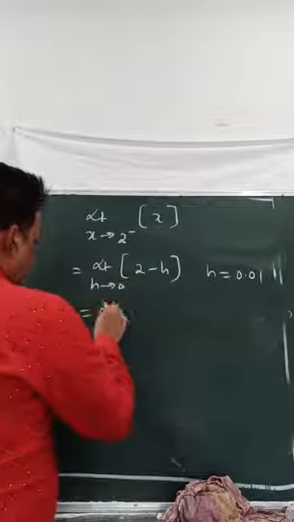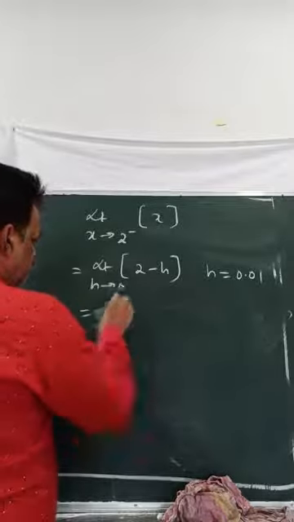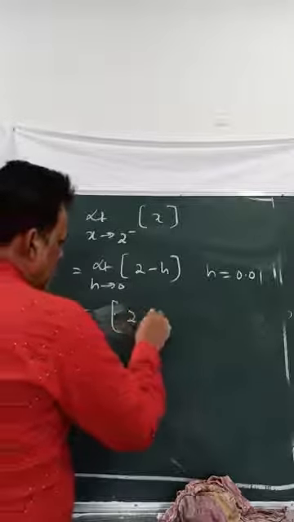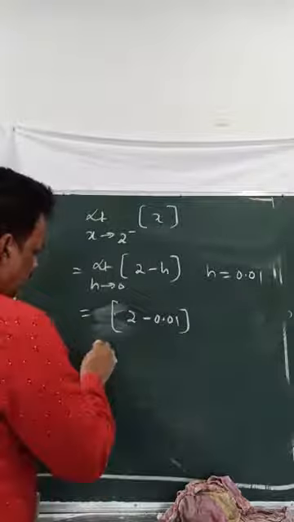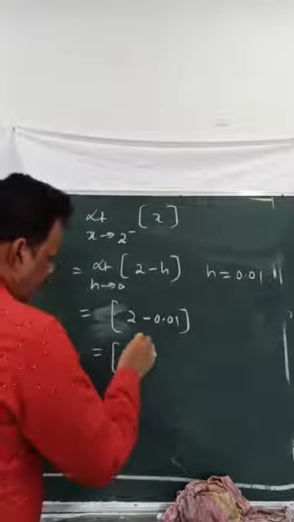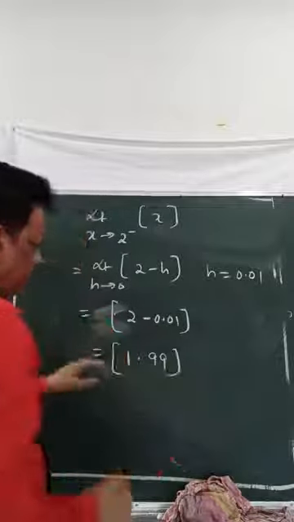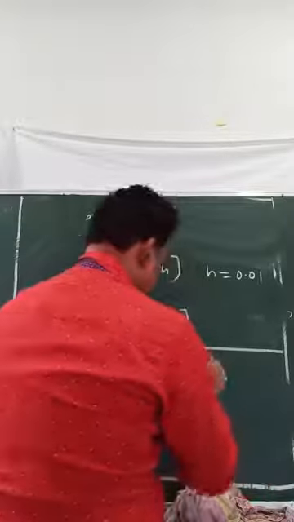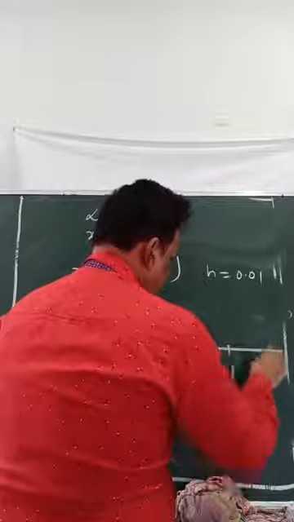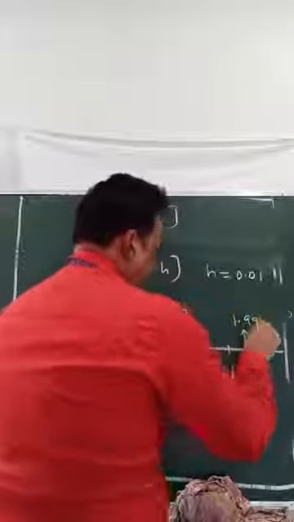That will become 2 minus 0.01, which gives you 1.99. Now 1.99 is where? This is 0, this is 1, this is 2, here is 1.99.